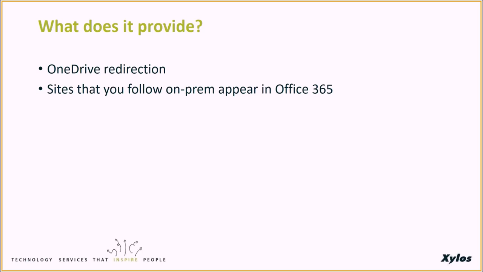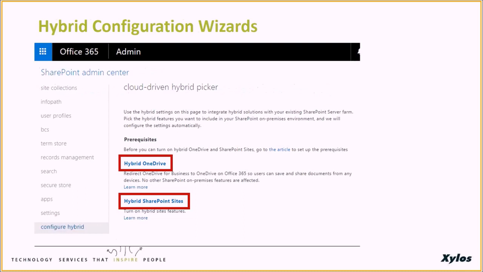And hybrid team sites, that basically means that you can follow sites on premises and they appear in SharePoint Online in Office 365 on your sites page. To make this work, there are some hybrid configuration wizards. This is a screenshot from SharePoint Online, and for each of these capabilities, you've got a wizard that you can run. So you can go to the SharePoint Online Administration Center, then to SharePoint Administration, and run these wizards.